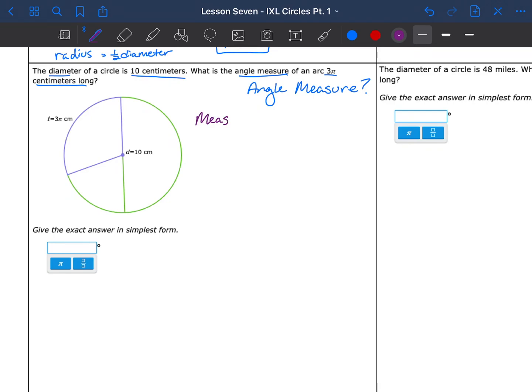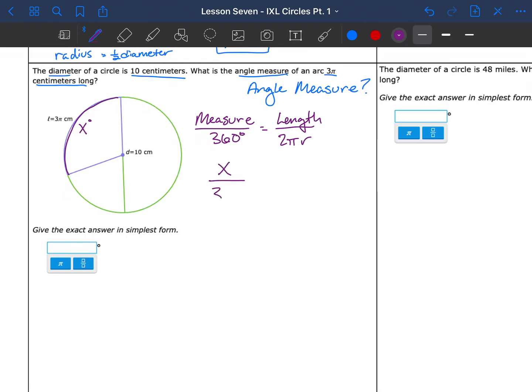Again, it is measure over 360 degrees equals length over 2 pi r. All right, what is the measure? I don't know. We're trying to figure that out. We're trying to find the degrees for this arc of 3 pi centimeters, so I want to make that x degrees.